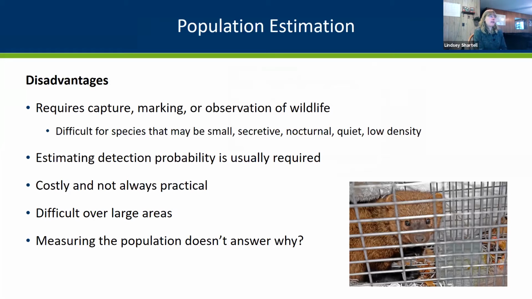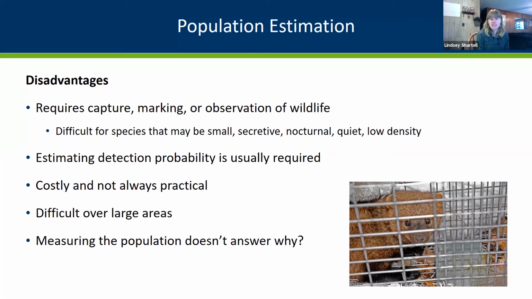So, like we've seen, there can be a lot of uncertainty and bias in population estimation. Some of the other disadvantages are that the methods typically require capture, marking, observation, or sighting of wildlife. This can be difficult for species that are small, secretive, nocturnal, quiet, or at low densities.